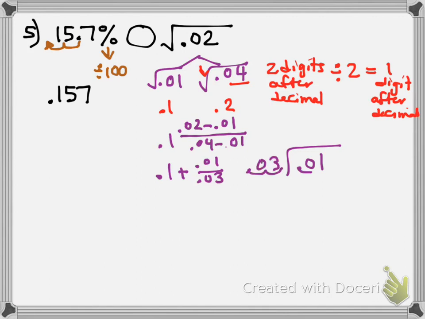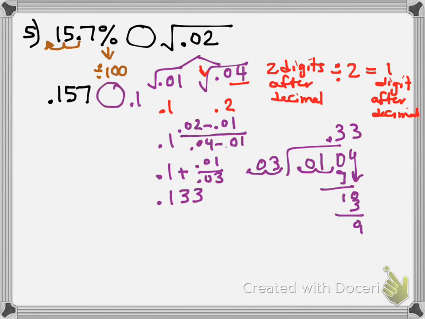Move the decimal point twice, bring it up, add a 0. 3 goes into 10 3 times, which is 9 with 1 left over. And then it's just going to be a whole bunch of 3's. So basically, we're going to add these two together, which would give me 0.133. So now my job is to compare 0.157 and 0.133.